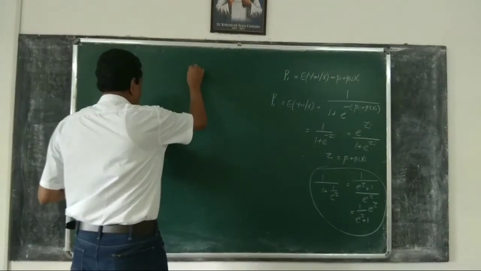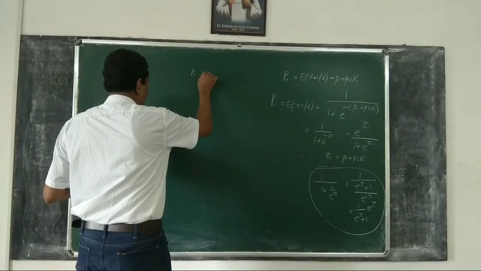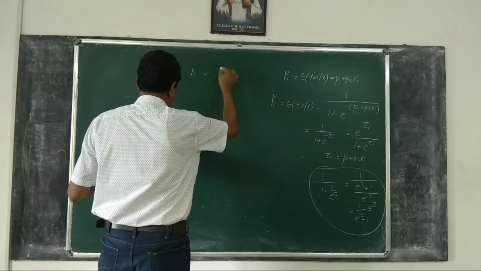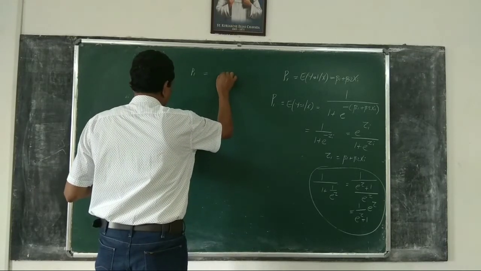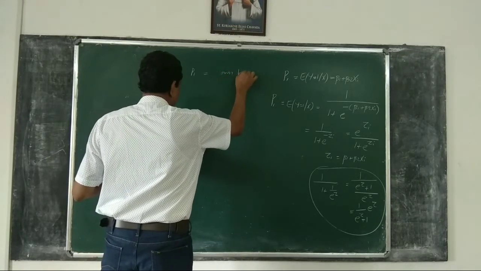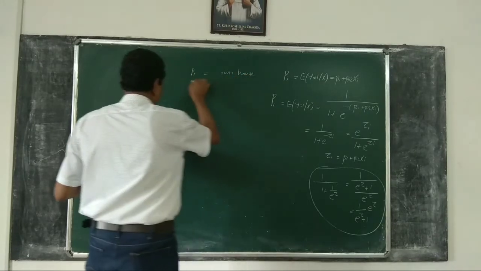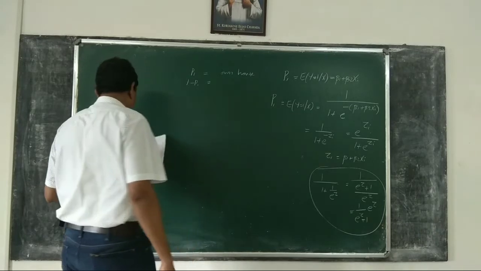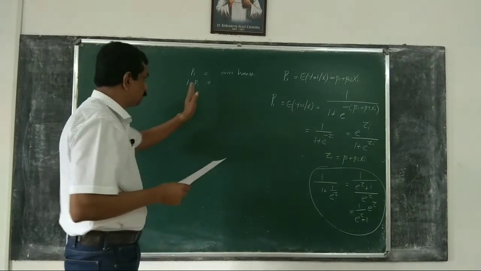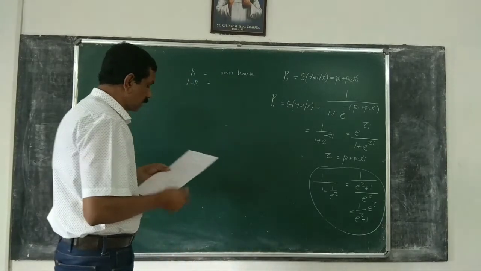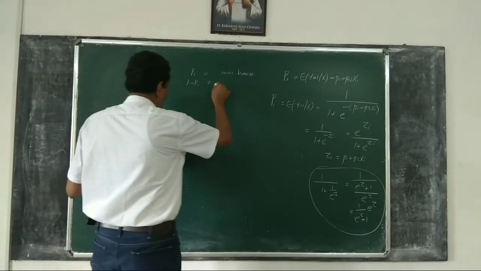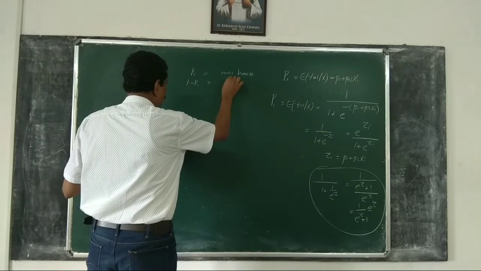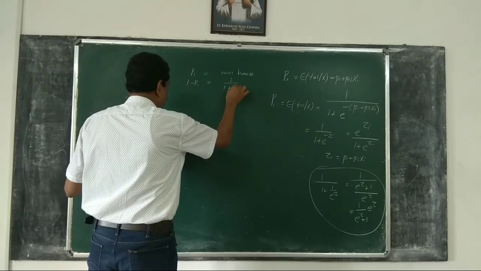Suppose that Pi is the probability that the event will occur. In our home ownership example, for example, the family owns a house. Then 1 minus Pi is the probability that the event will not occur. That means the family will not own a house.